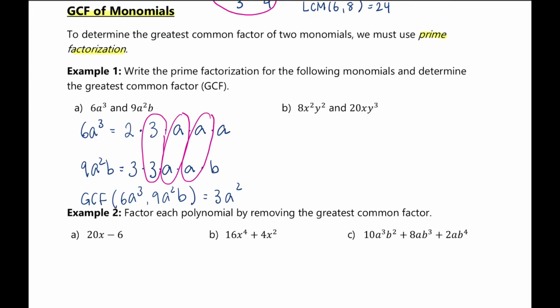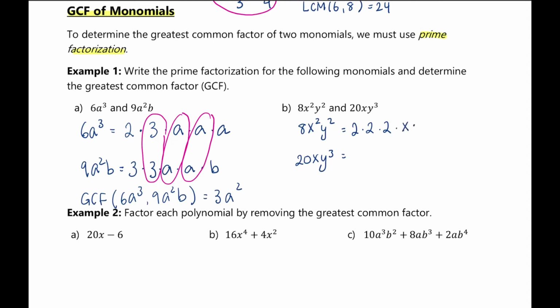Next example. We'll do the same step here. 8x squared y squared equals, and then 20xy cubed. And again, I know 8 is divisible by 2. There's left over 4, so we're going to divide that by 2. So we have 2 times 2 times 2 for 8.